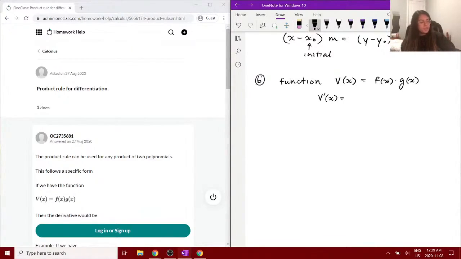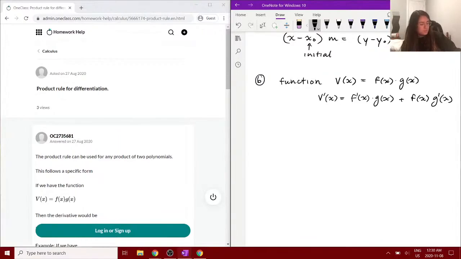So when we're taking the derivative of v of x, we need to take the derivative of f of x times g of x plus f of x, so that's just as it is, times the derivative of g of x.